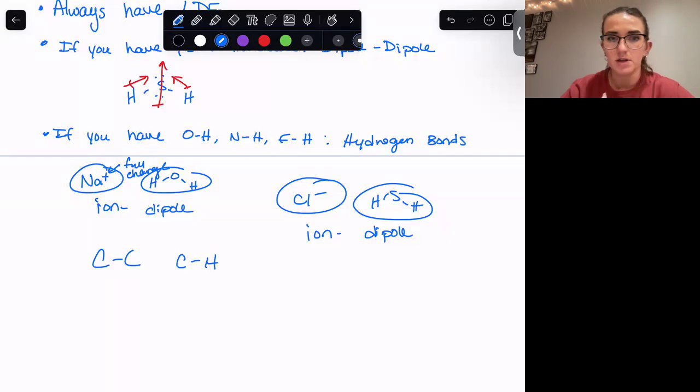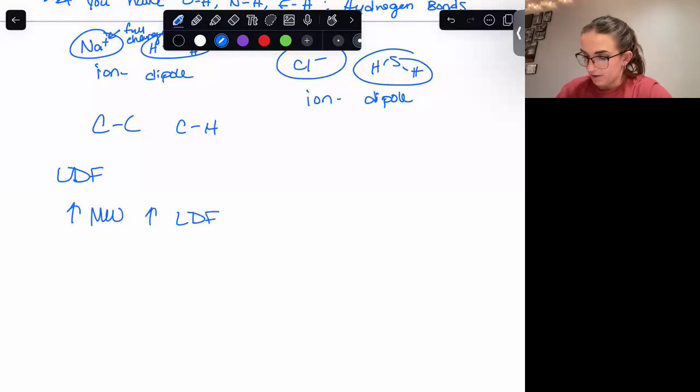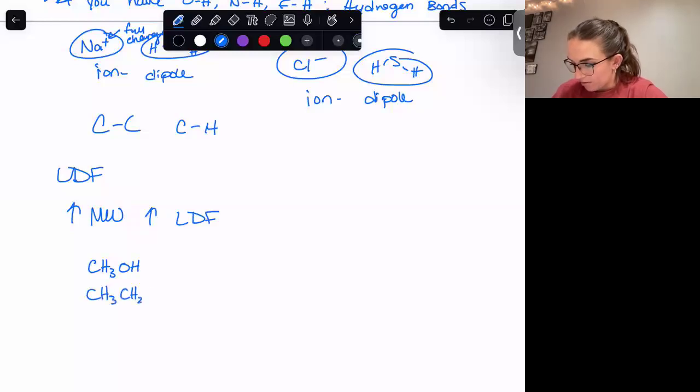Someone asked about dispersion forces. So the larger the molecular weight of a molecule, the larger the London dispersion force is. So technically methanol would have weaker London dispersion forces compared to ethanol.